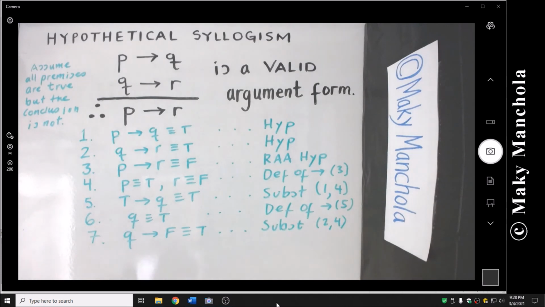Let's observe that Q implies false is true only when Q is false. That's by definition of the conditional in step 7.